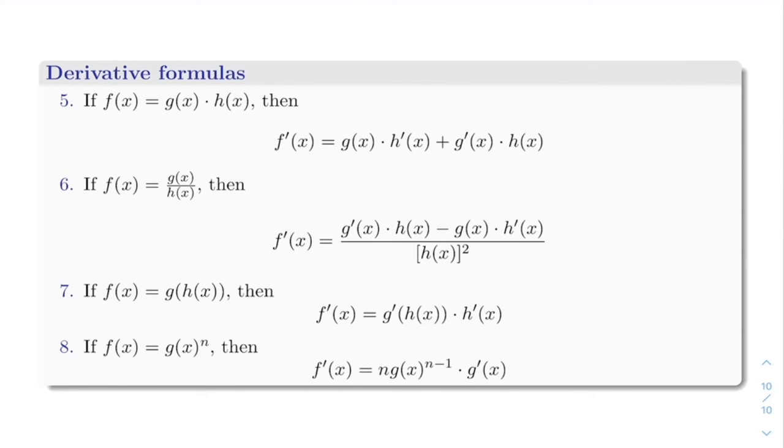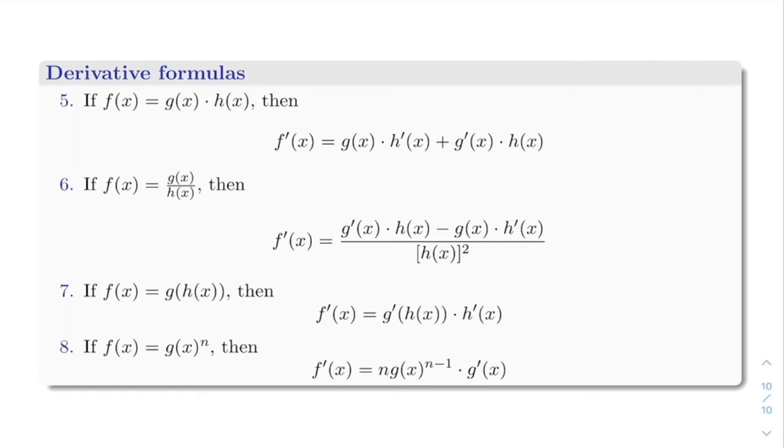In some more complicated formulas, if we have a product of two functions, the derivative is given by this formula. Remember, the first function times the derivative of the second plus the derivative of the first function times the second. If I have a quotient, then we have this even more complicated formula, but still it has some symmetry. It's the derivative of the function on top times the function on the bottom minus the function on top times the derivative of the function on the bottom, divided by the denominator squared.